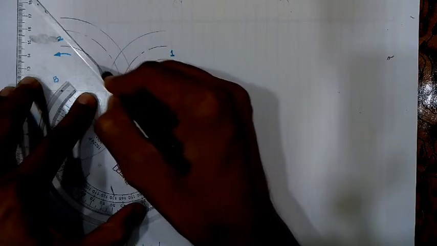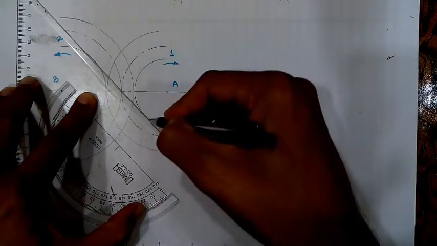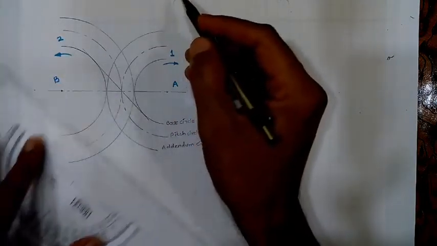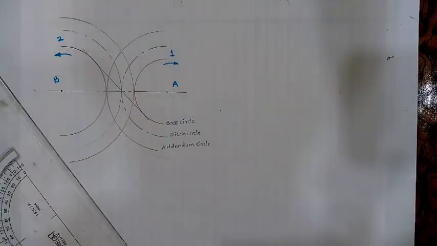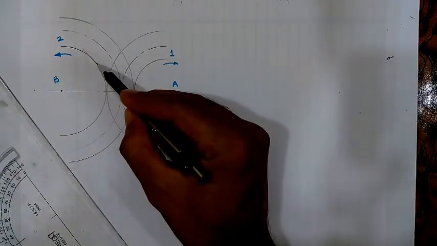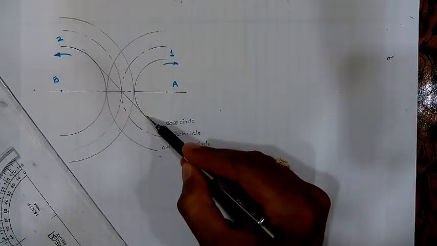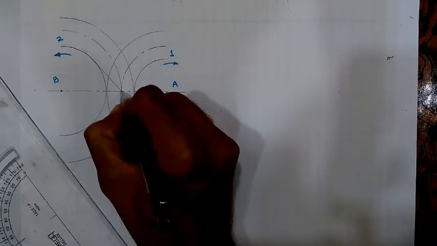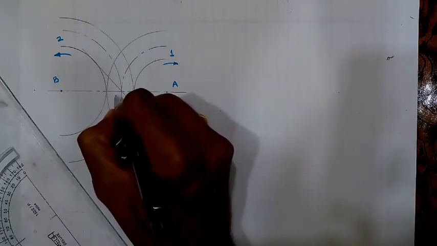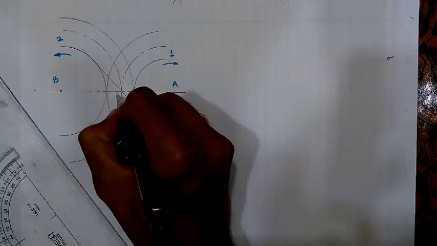Over here I am going to draw a line tangent to both the base circles. So the line is tangent to the base circle of the gear and the base circle of the pinion. The line always passes through the pitch point. The pitch point is indicated by P.